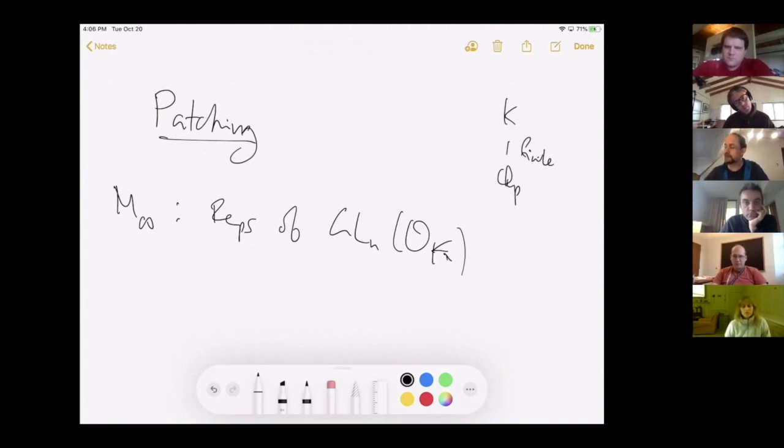The key thing is these reps could be in characteristic P, or more generally, they could be in mixed characteristic. I could put here ZP. ZP has the advantage that we all pretty much know what it is. It has a disadvantage that, for example, even in characteristic 0, the irreps of GLN OK, or the irreps of GLN of the finite field, the absolutely irreducible reps may not be defined over ZP.